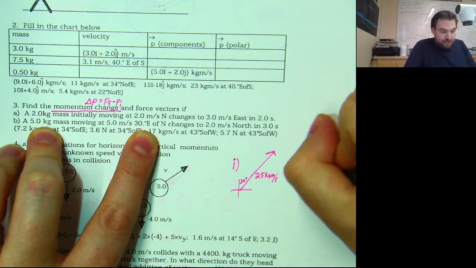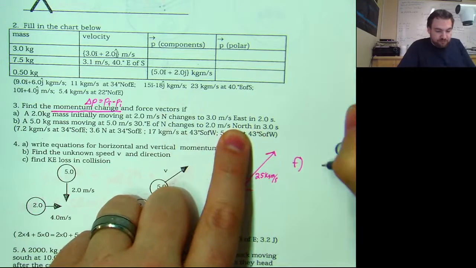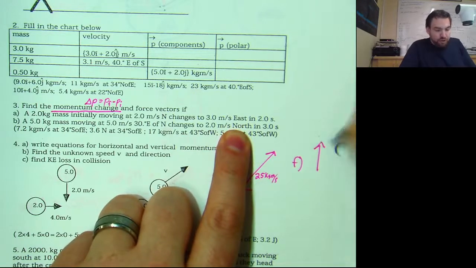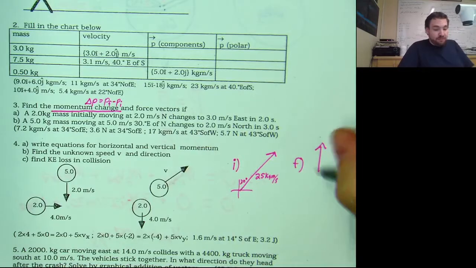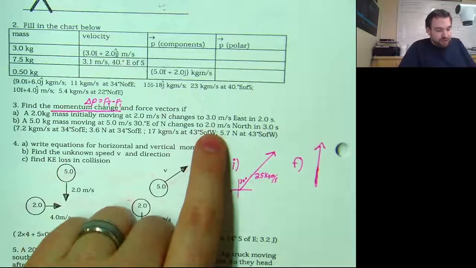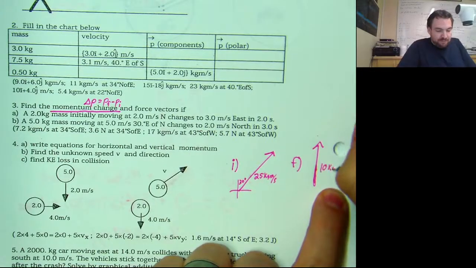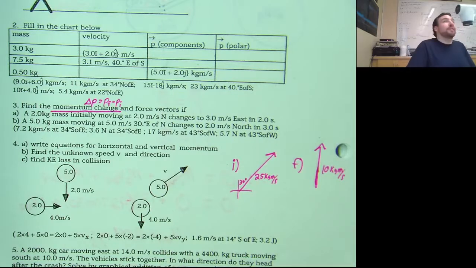Finally, you've got this, 2 meters per second north. So again, it's not velocity we're concerned about, it's momentum. So that 2 meters per second times 5 is 10 kilogram meters per second due north. So that's nice.